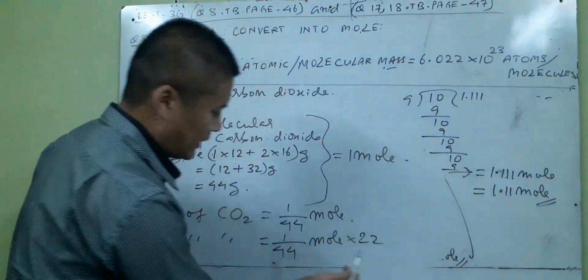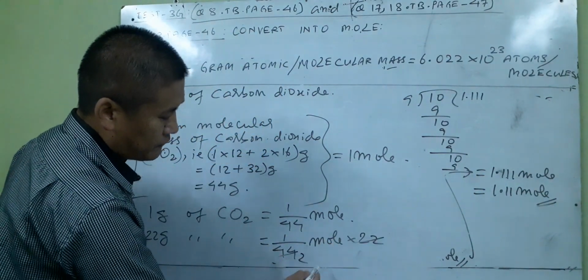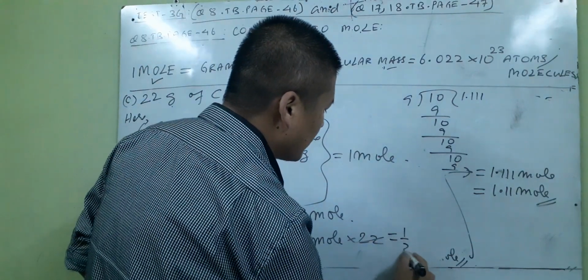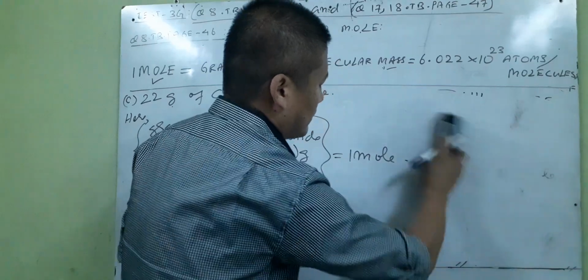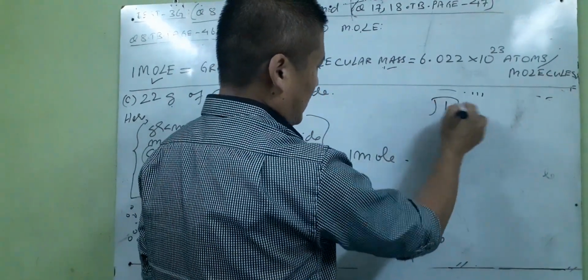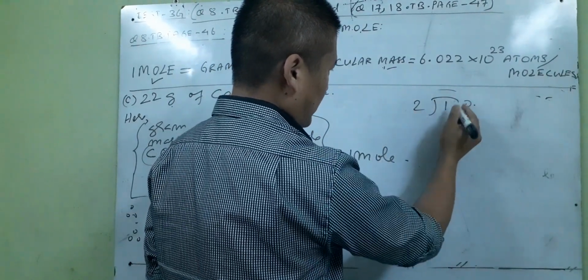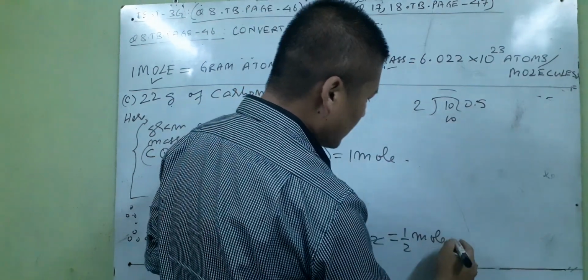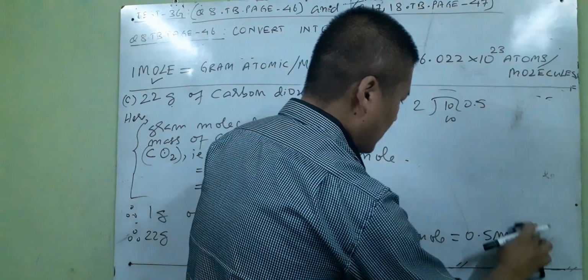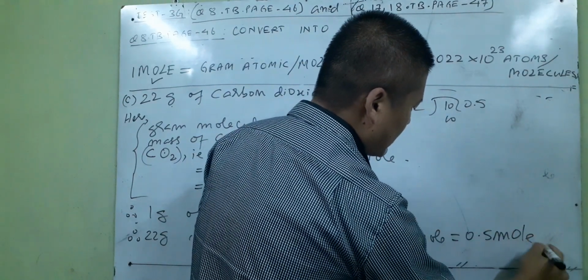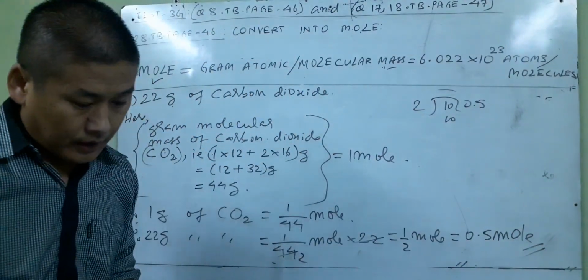And don't bring the G again. 22 twos are 44. So this is half mole. And half mole is nothing but, it's quite easy to divide, I think. Many people know even without dividing, this is 0.10, 2 fives are. So that is equal to 0.5 mole exactly. Okay, 0.5 mole exactly. So that is your answer.